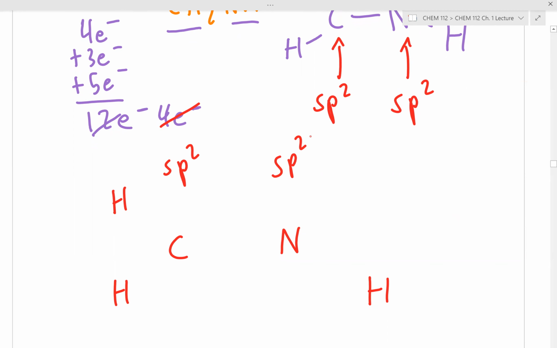Just the sp2 hybrid orbitals. The reason why we hybridize is to generate half-filled orbitals that are capable of bonding.